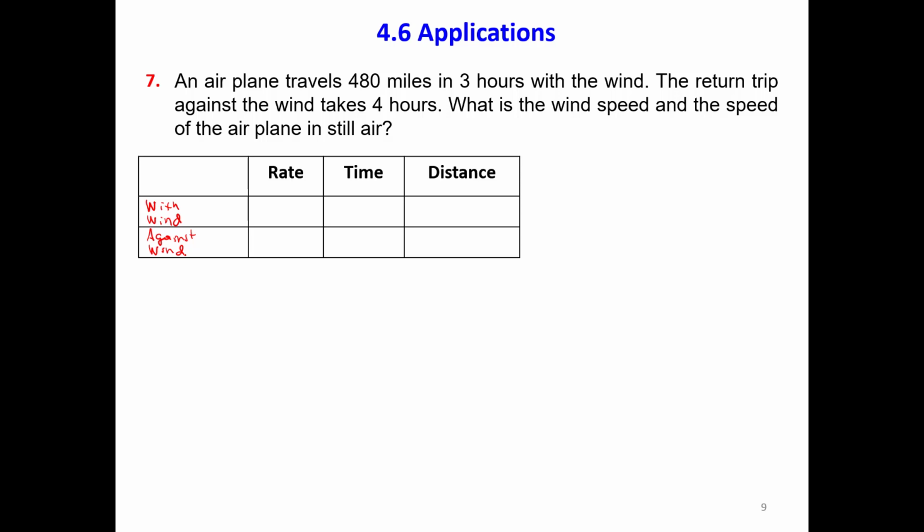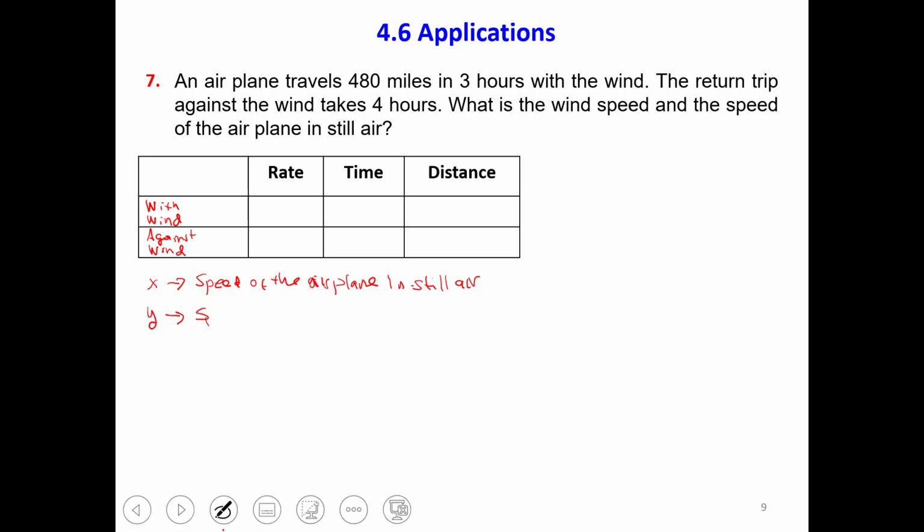Here we need to define x. x will be the speed of the airplane in still air. And y is the speed of the wind.